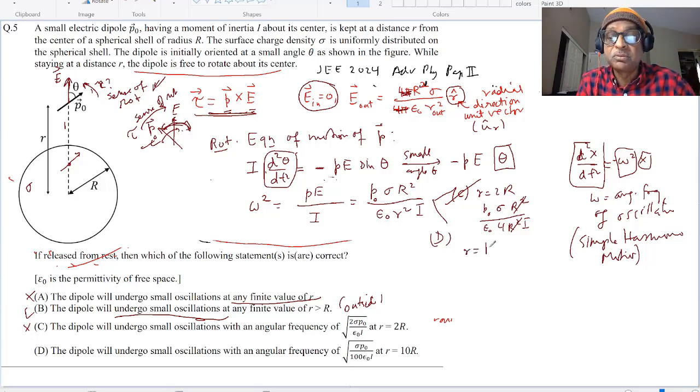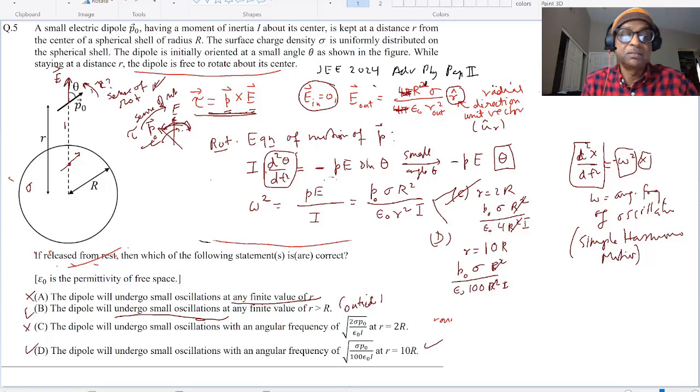R equals 10R: P0 sigma R squared over epsilon naught 100 R squared I. So this is the case. So we'll get B and D as the answer.